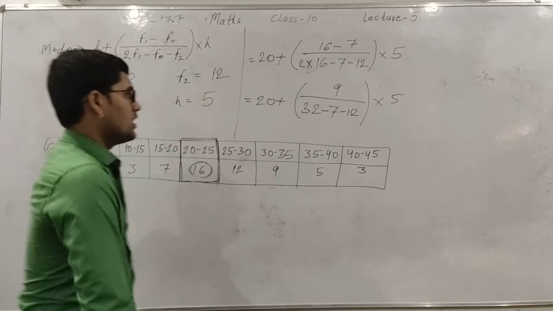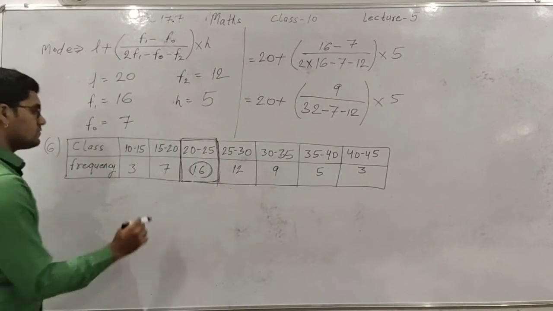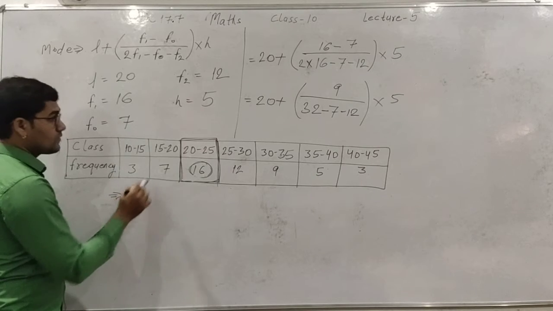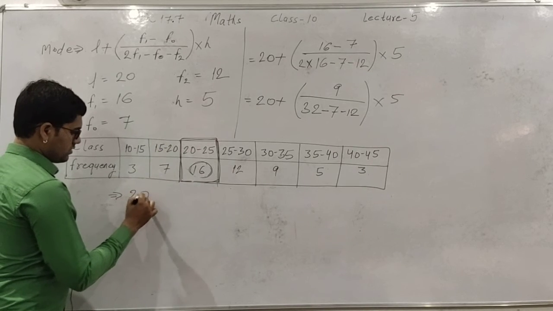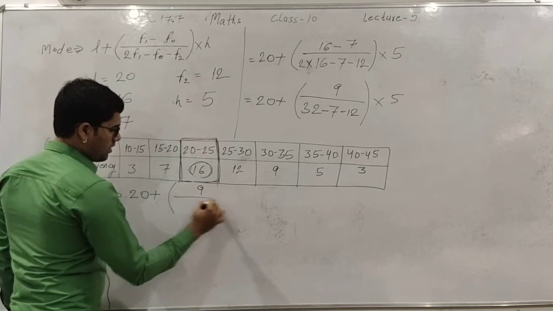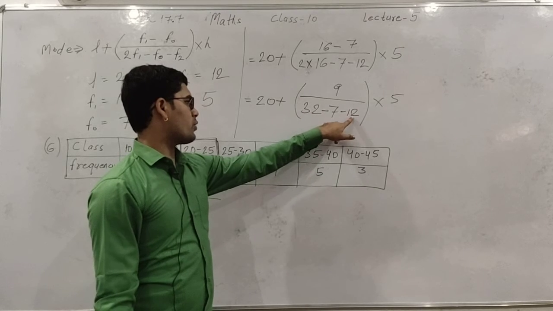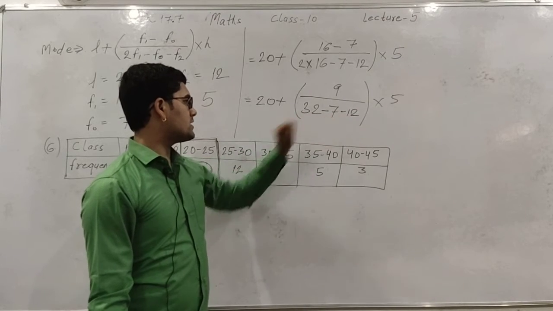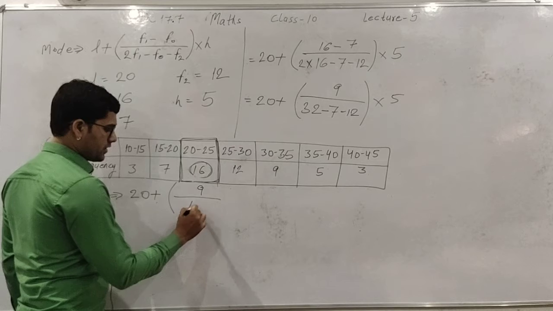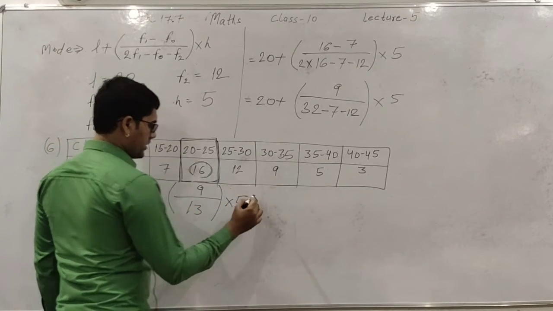Now next I will do it here. 20 plus 9 upon 32 minus 12 is 20, 20 minus 7 is 13, multiplied by 5.